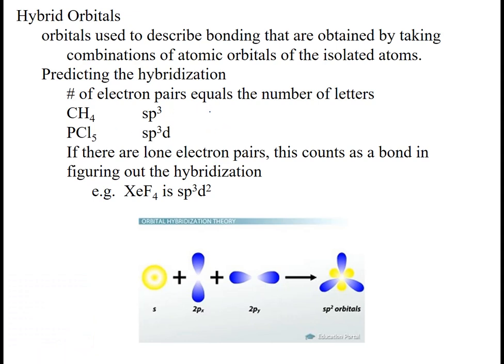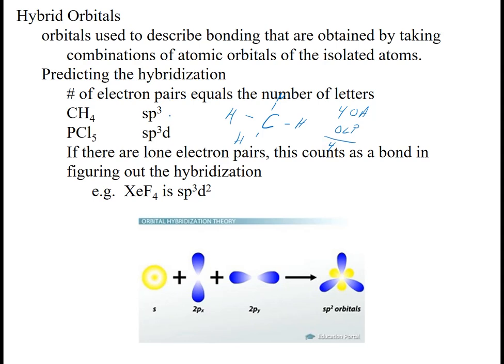So for CH4, I have carbon and 4 hydrogens. So that's 4 outside atoms, 0 lone pair. So when I add up 4 plus 0, I end up with 4. So I need 4 letters.